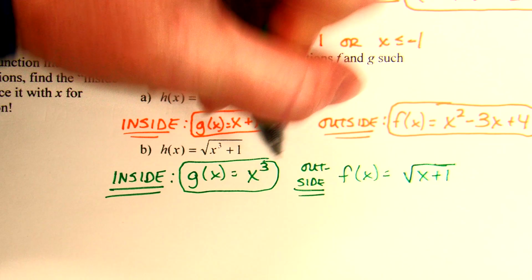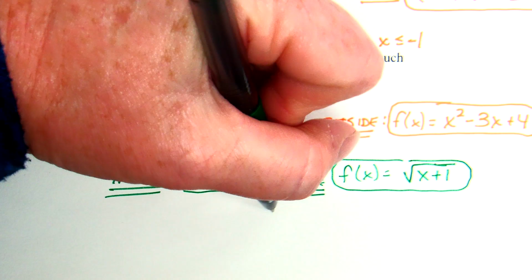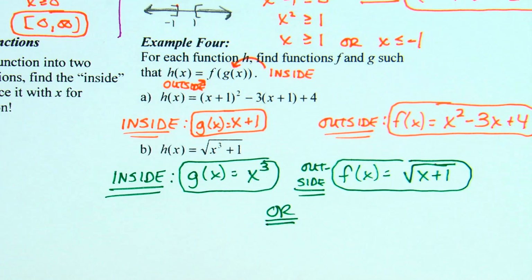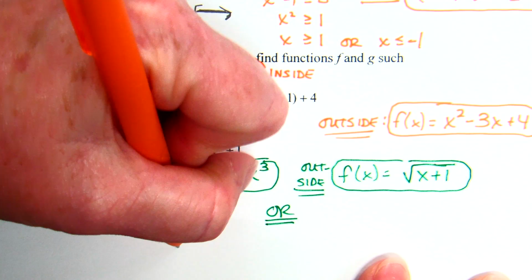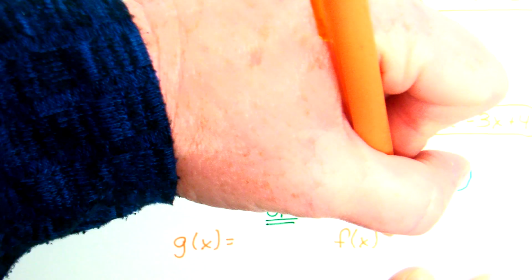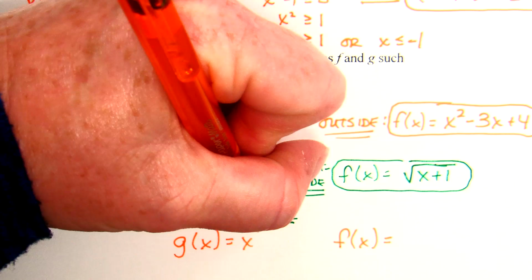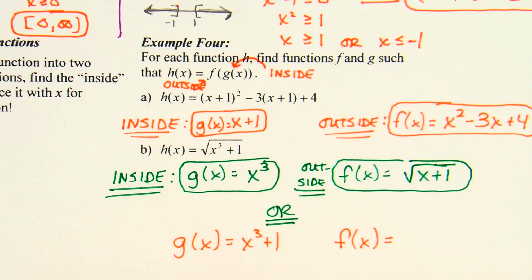Now, let's do an or. Give me another suggestion. Okay. x cubed plus 1. I see some heads like, okay, that's what you guys were thinking.